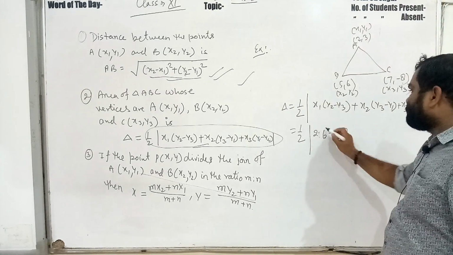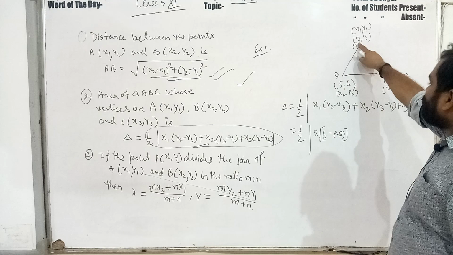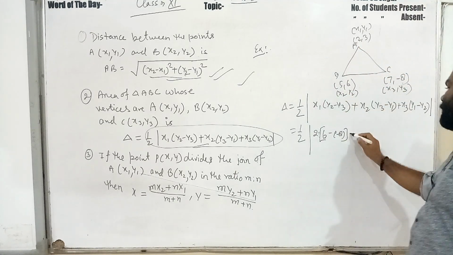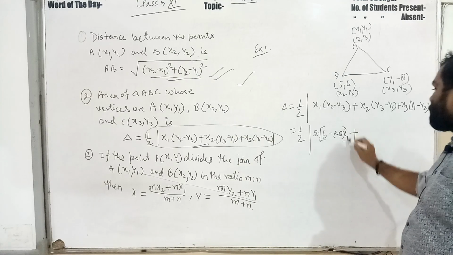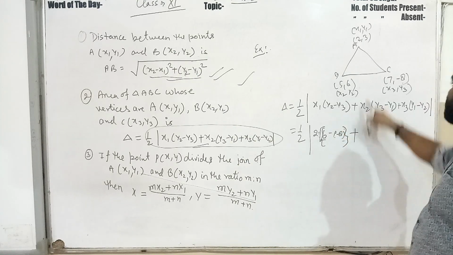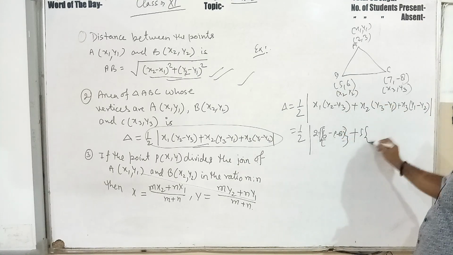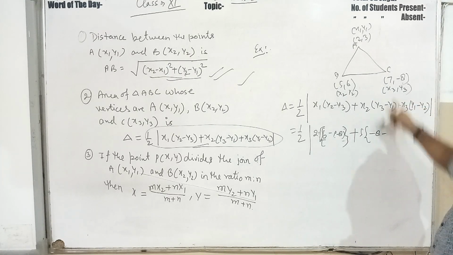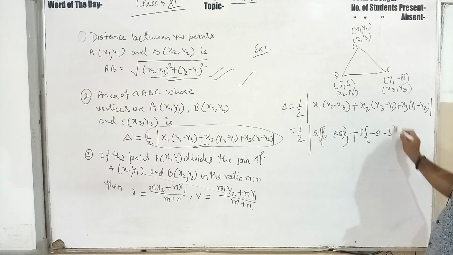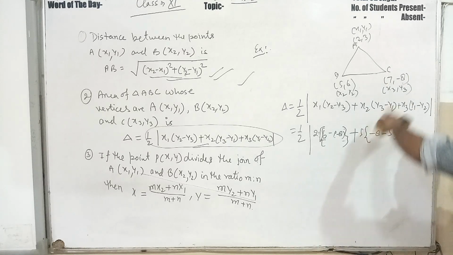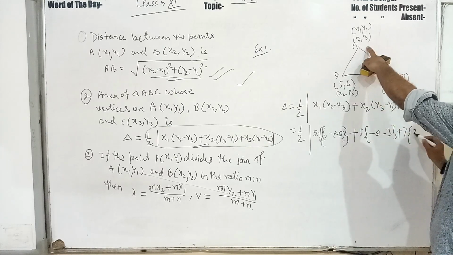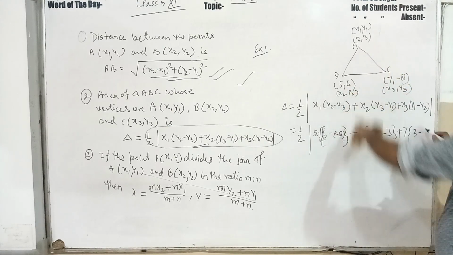So x1 is 2, y2 is 6 and y3 is minus 8. Then again x2 is 5, y3 is minus 8 and minus y1 is 3. Okay, then x3 is 7 and y1 is 3 minus y2, that is 6.